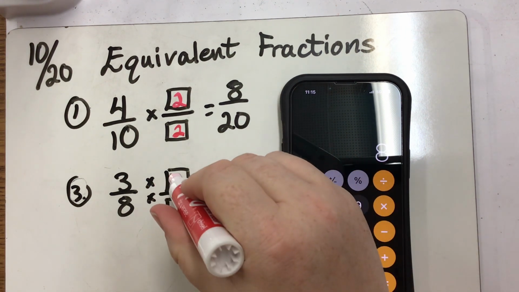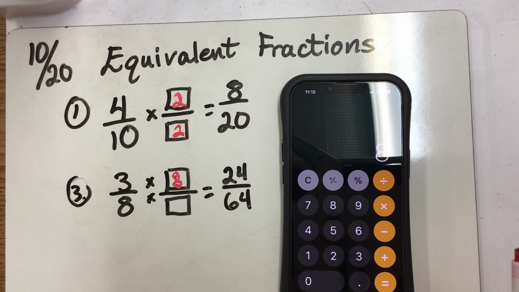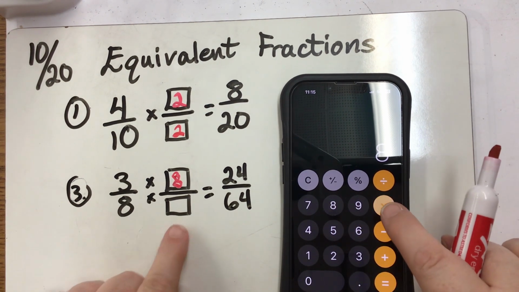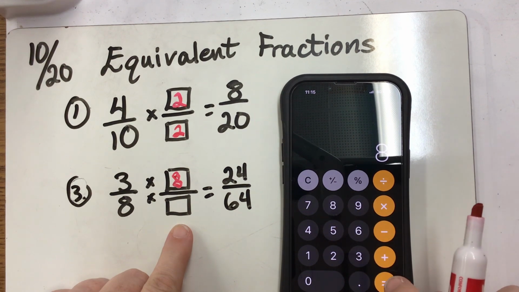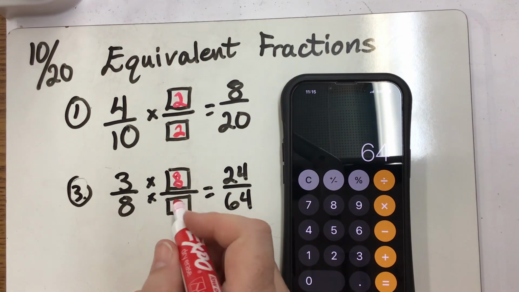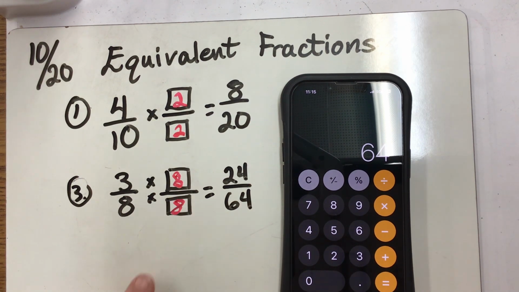Okay, now I'm going to check my math and make sure that it's right. Okay, ready? Is 8 times 8 64? Yep, sure is. So I know my answer is correct. It is 8 over 8.